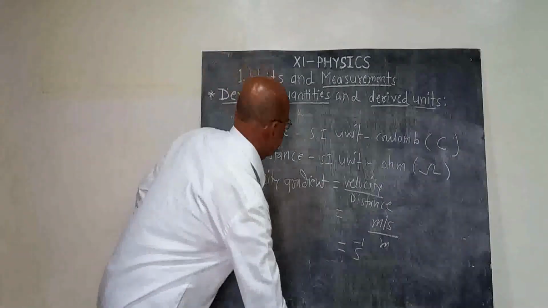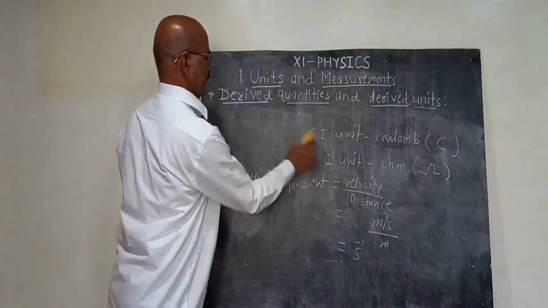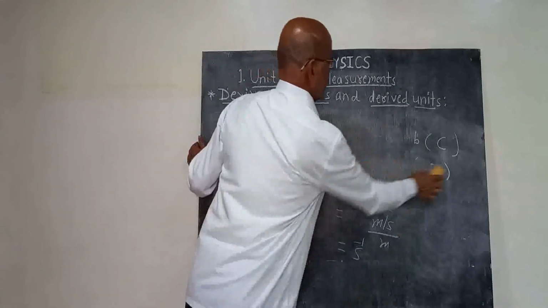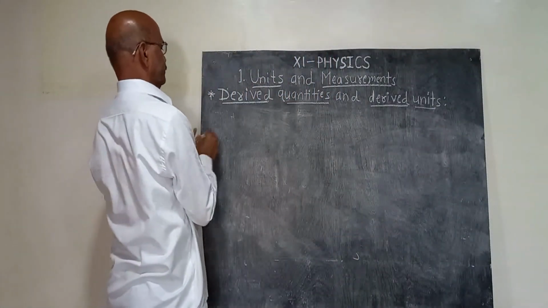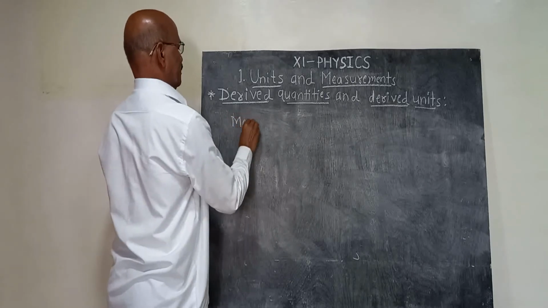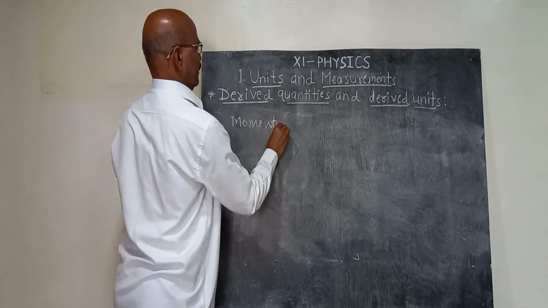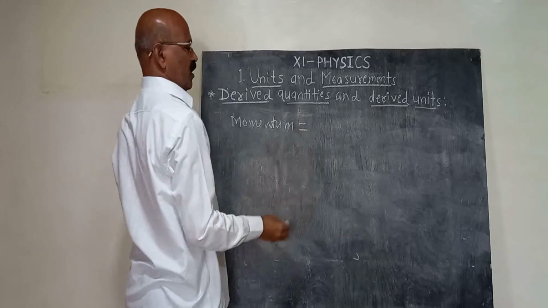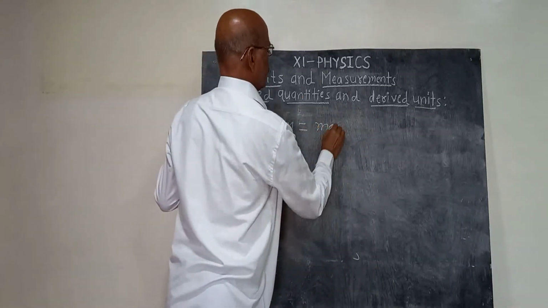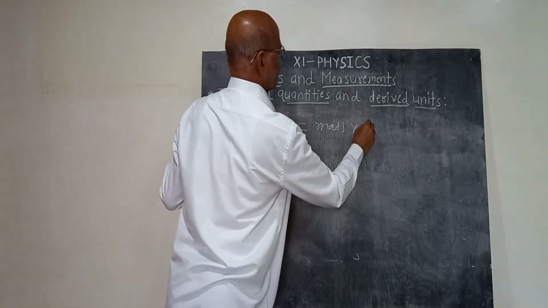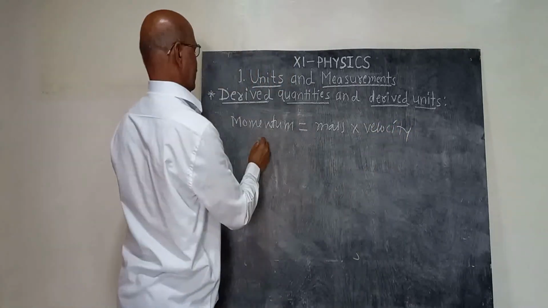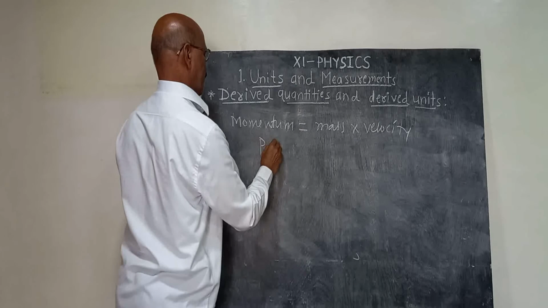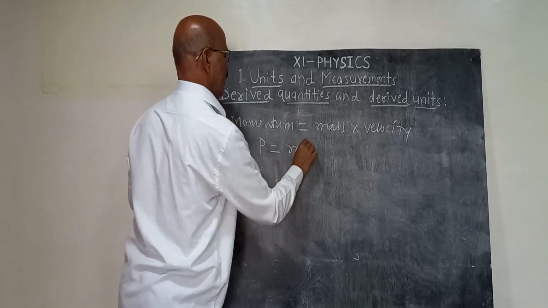Then another derived quantity is momentum, and momentum is the product of mass and velocity. Symbolically, momentum p equals mv.